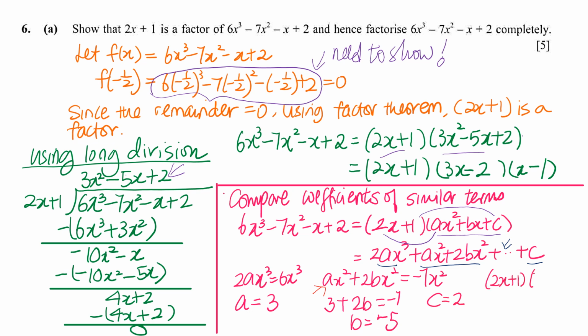Alright, so we put all these things together, and we get the same answer as what we have found earlier on using long division. So you can either use the first method or the second method to factorize the cubic polynomial completely.